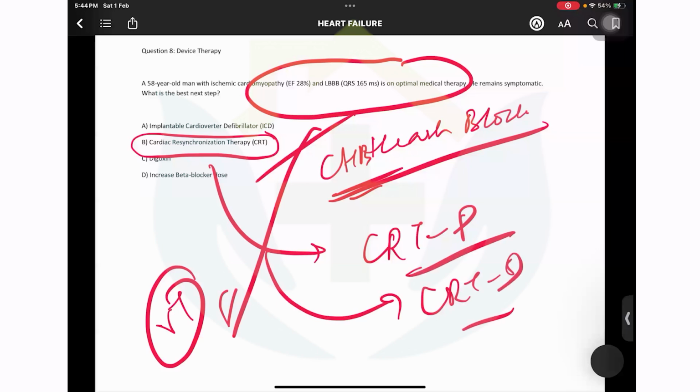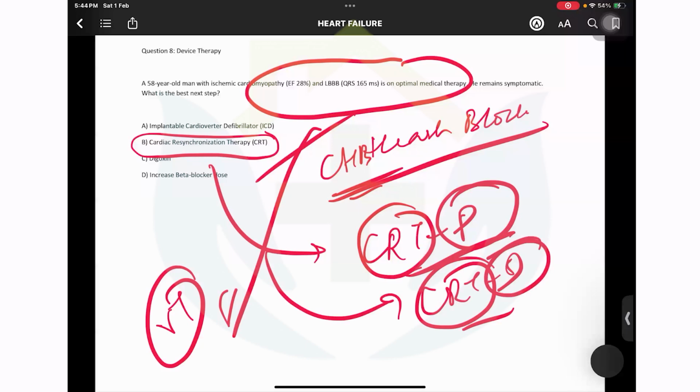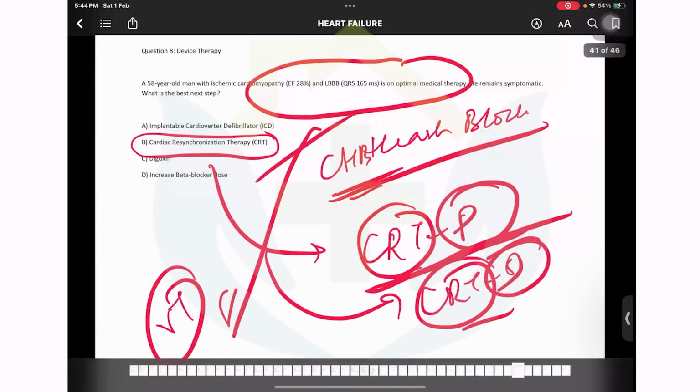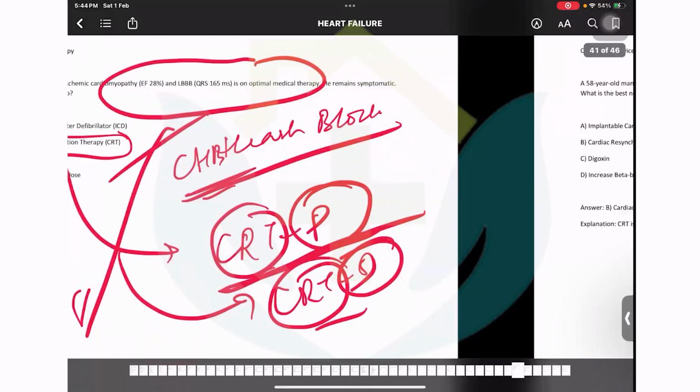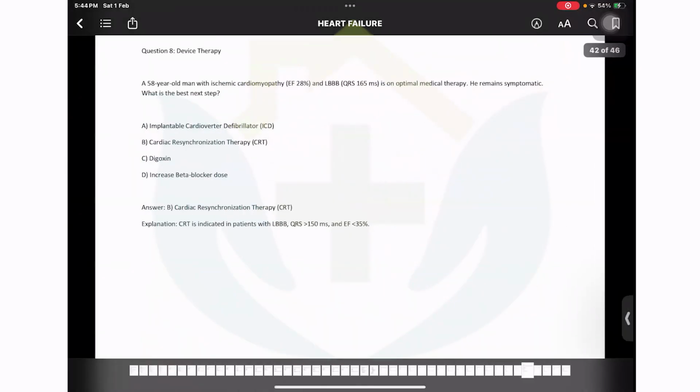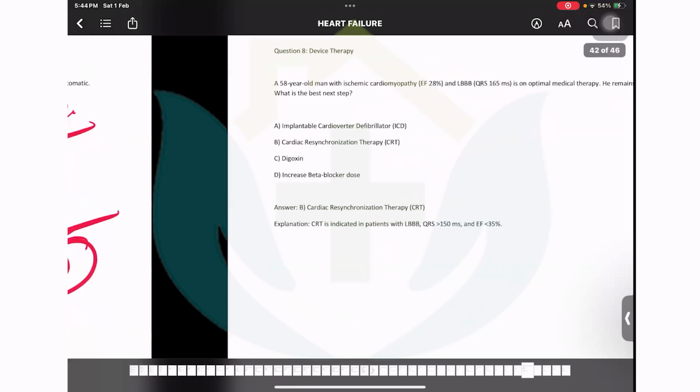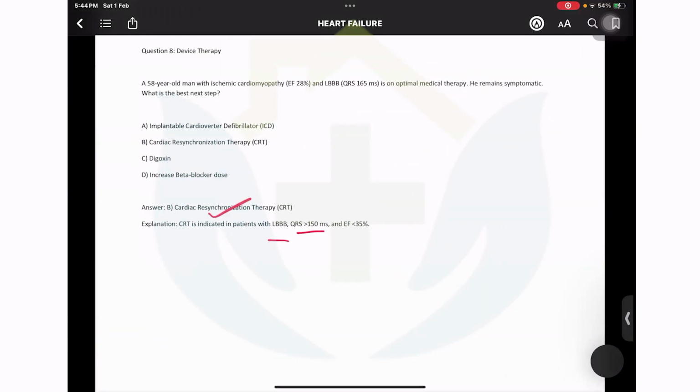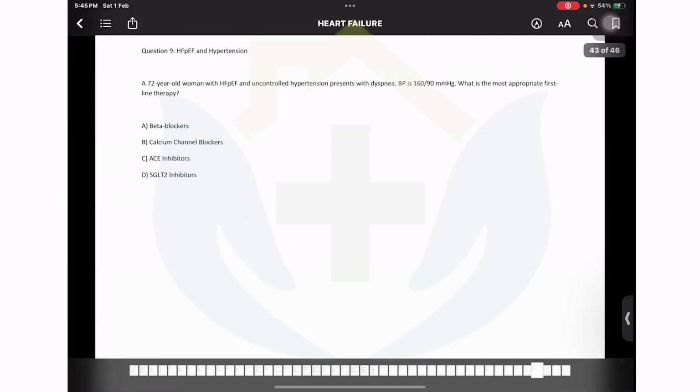These are newer devices, when CRT is combined with a pacemaker and when CRT is combined with a defibrillator. The indication changes if the patient has a bradycardia due to CHB or a tachycardia due to ventricular tachycardia. Is that okay? This patient needs a CRT for sure, with QRS more than 150, LBBB, and EF less than 35%.